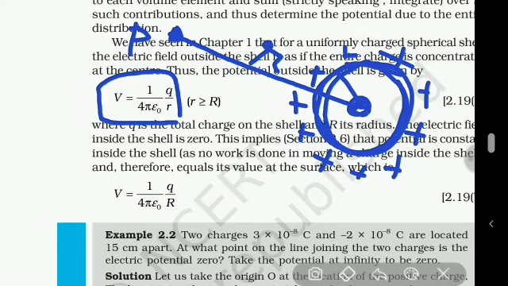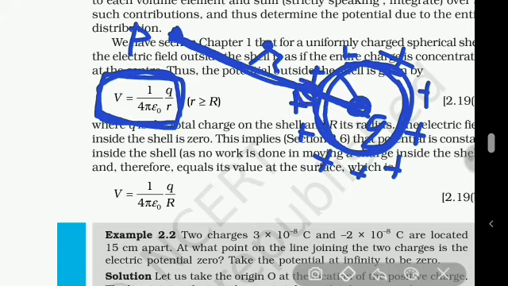Then from the center the distance is r, so the formula is exactly the same as that of the potential due to a point charge. If we bring this point on the surface, then also the same thing, the distance will be the radius of the sphere.